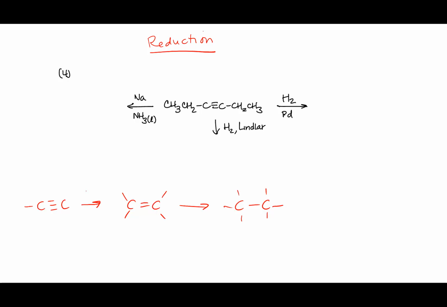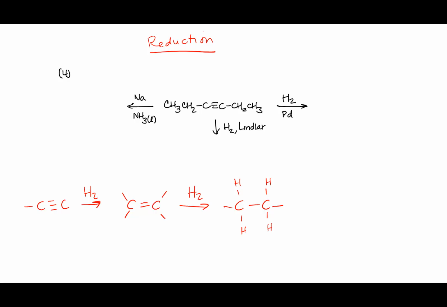If you add 2 hydrogens, you can go to the double bond, and then 2 more hydrogens will take you down to the alkane, a grand total of 4 hydrogens to get me to the alkane. The issue is that if you want to reduce an alkyne, a triple bond, to a double bond, first of all, you've got to stop at the double bond.